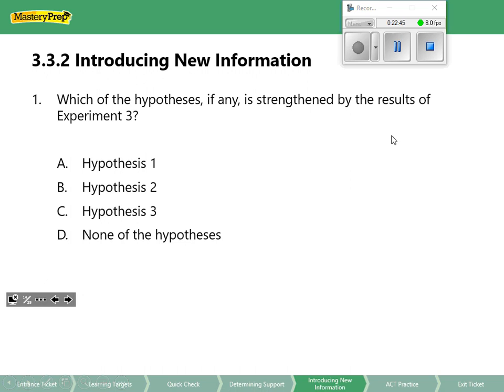Which hypothesis, if any, is strengthened by the results of experiment 3? So experiment 3, so roots, stem, leaves, fruits, total. So we're looking at table 2.